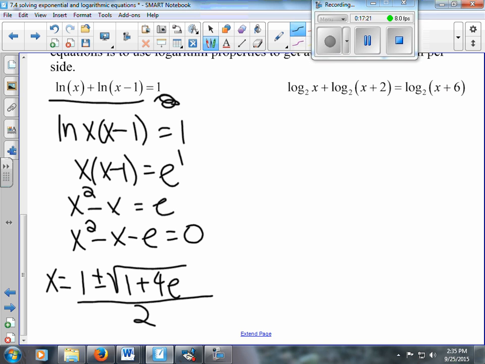And so this is going to be my solution, except that I'm totally going to get an extraneous solution in here. So let's go back to this original question. I am taking the logarithm of x and the logarithm of x minus 1. And the domain of this function is that x has to be greater than 0 for this part and then 1 for the second part. So overall, x has to be bigger than 1.